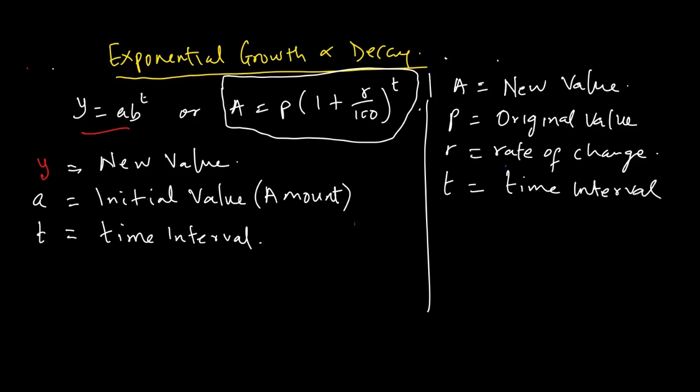Also, if you look at the first formula, we will now define b here. The b here is the multiplier, which is also the same thing as rate of change.